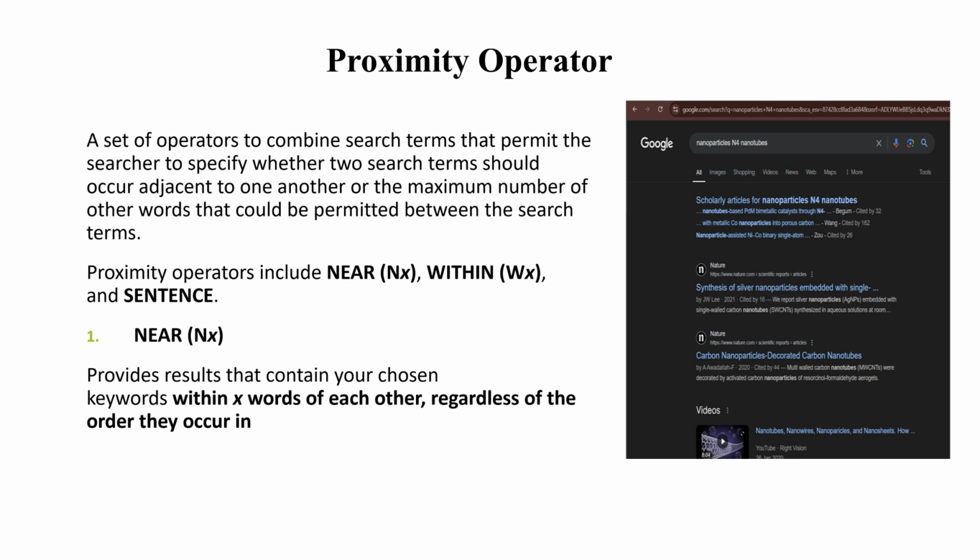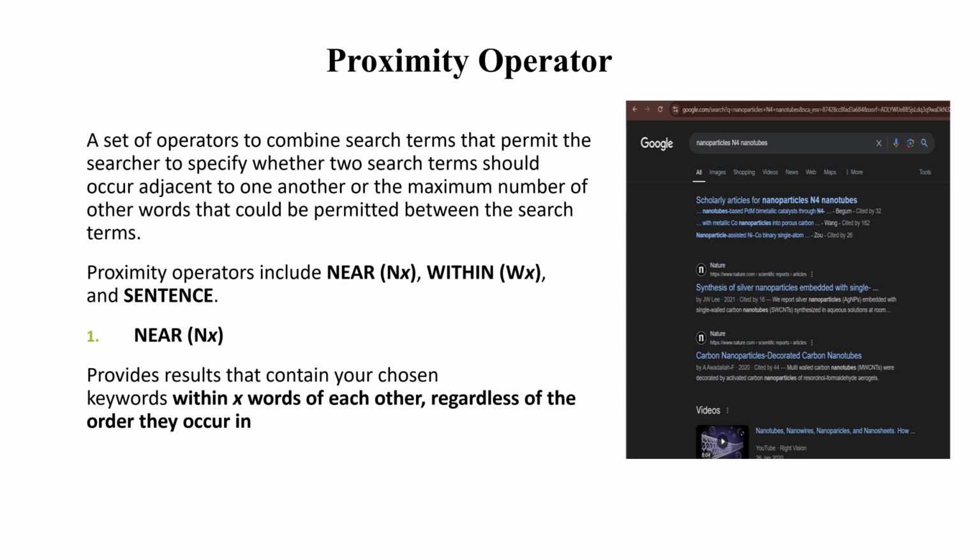Here one thing is very important that you have to understand: whenever we put a proximity operator, the reverse direction is not accessible. That means no document will come in which nanotube appears before nanoparticles in the same document.